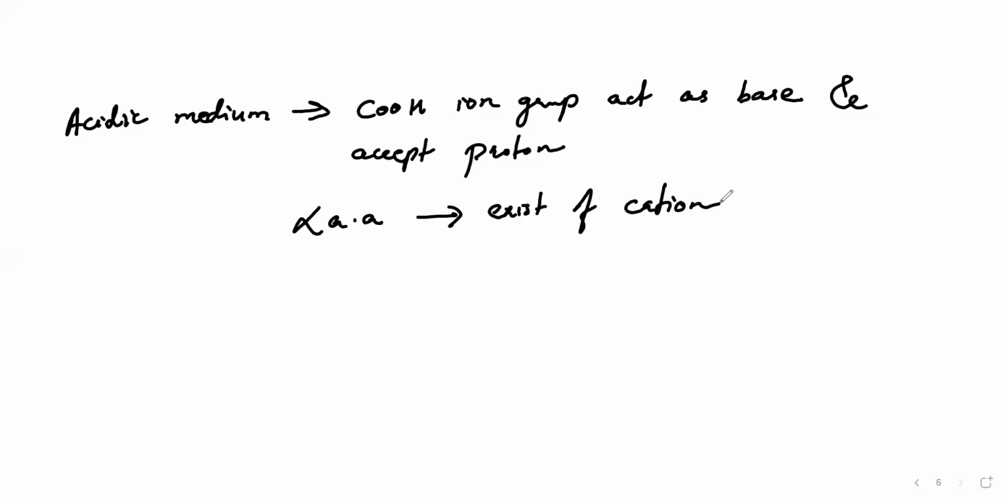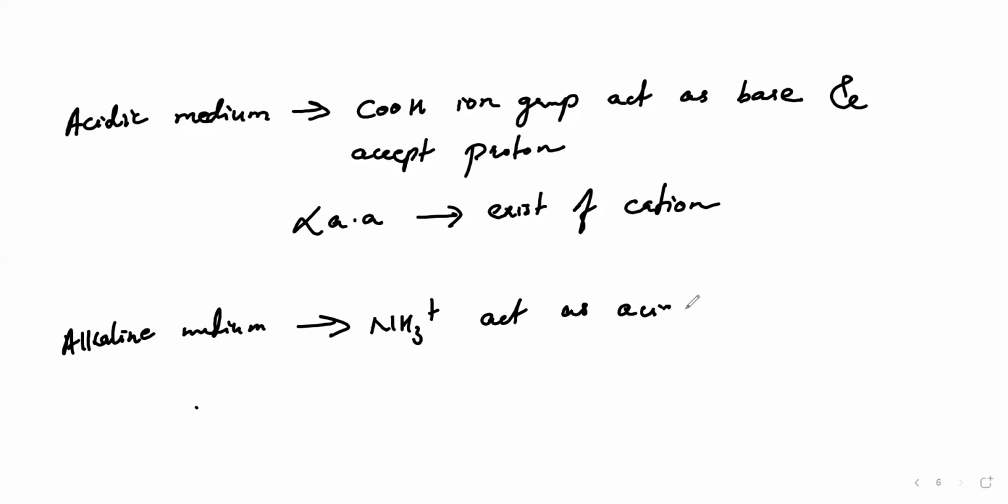So the opposite will take place when it is an alkaline medium. Opposite. Okay, that is, here if it is carboxylic, here what will happen? NH3+ will act as acid. So because it is acting as acid, what will it do? Obviously, it will lose the proton.